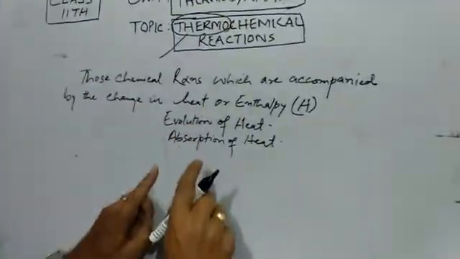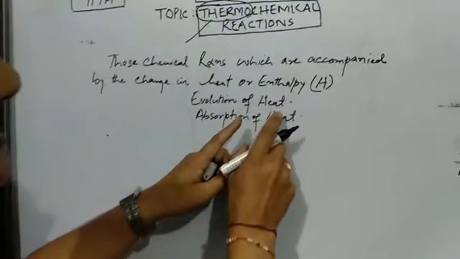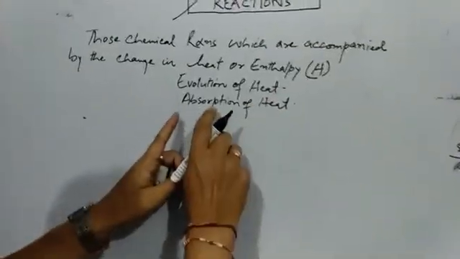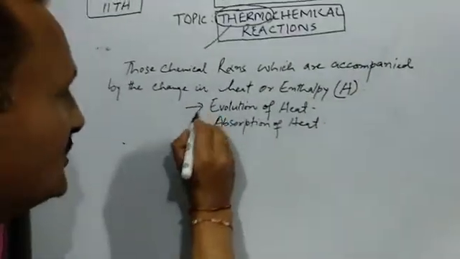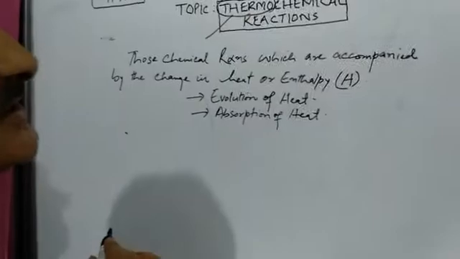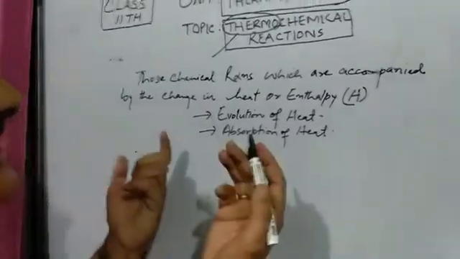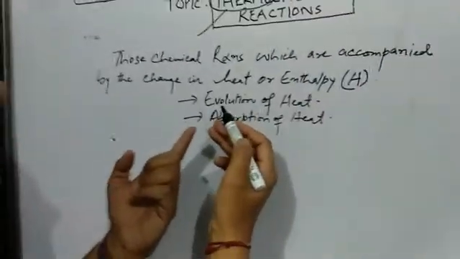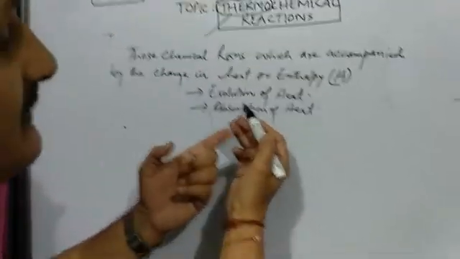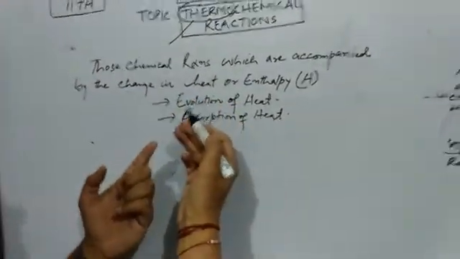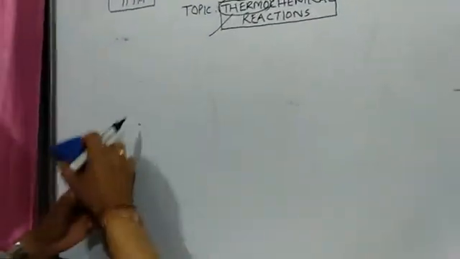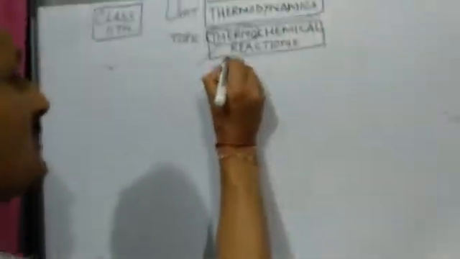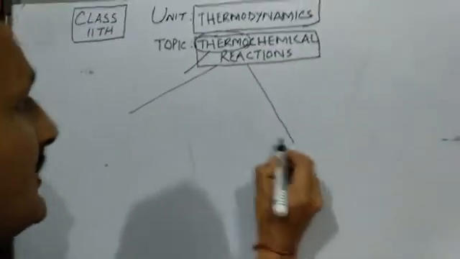Depending upon whether there is evolution of heat or absorption of heat, thermochemical reactions can be classified into two types.